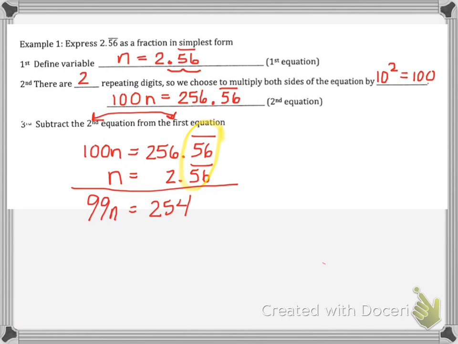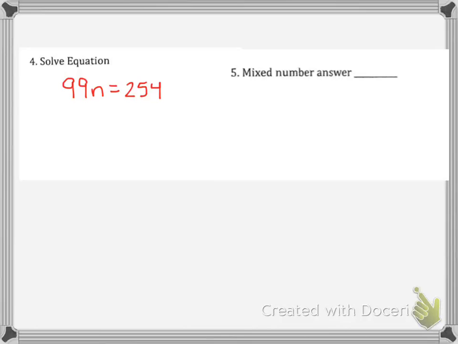All right, then the next step there is to solve the equation. So to solve that equation for n, we need to get rid of that 99, which means since 99 is being multiplied times n, we're going to divide both sides by 99. That allows those to cancel.